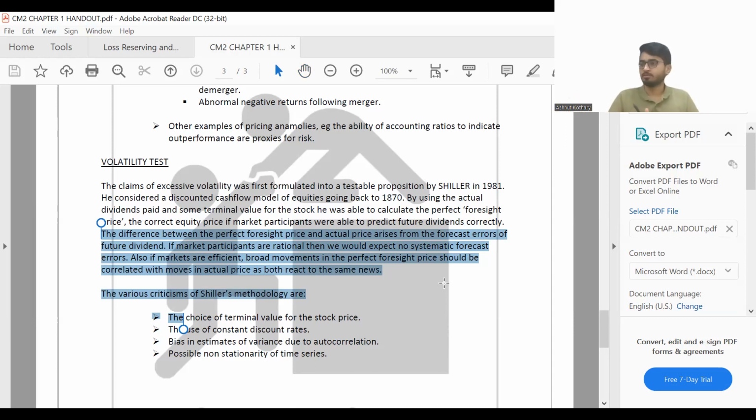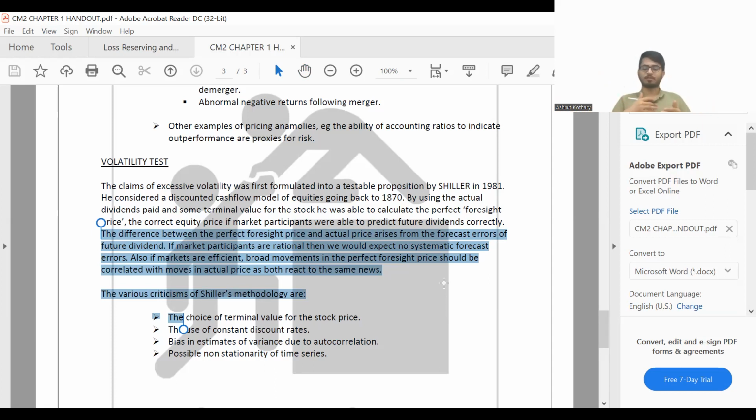Now what he did here was apply this model, and he expected that the volatility of the stock price should be, let's say, A. But in reality, in the market, what he observed was it was far greater than A. So this is the whole concept in the volatility test. According to this model, he expected that the volatility in the stock price should be 20% per annum. In reality, what he observed was 35% per annum.